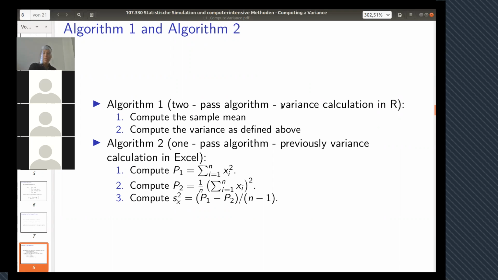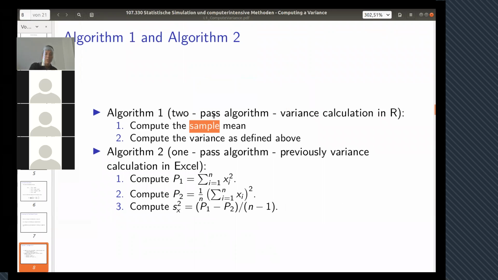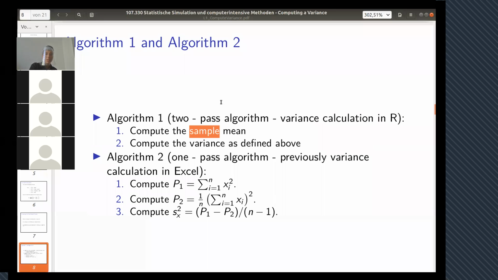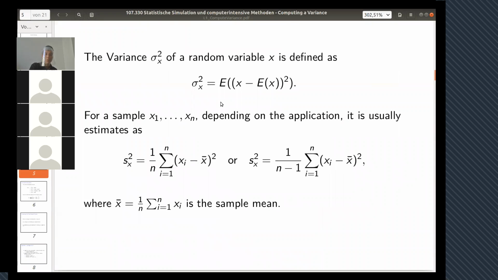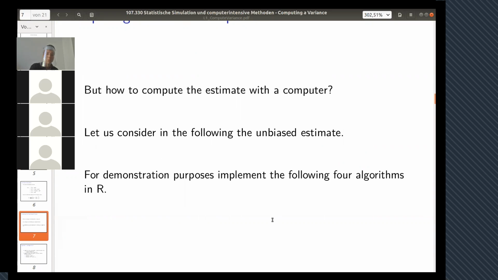This is the basic variance calculation method used in R. We compute the sample mean, and we compute the variance as we did above. Subtract all the values from the mean, square this, sum it up, and divide by n minus 1. Sounds good enough.